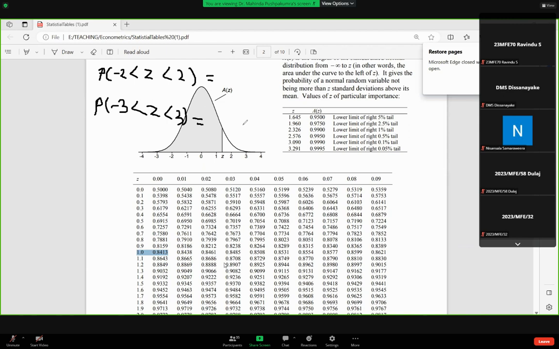Please get the answer from the table and send your answer into the chat box. Now the Z value is given, no need to convert it into Z. What is the probability that Z is greater than -2 and less than 2? Greater than -3 and less than 3? Please check the table and send your answer into the chat box.